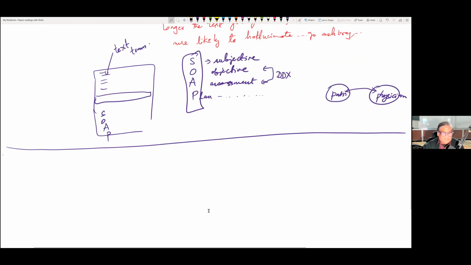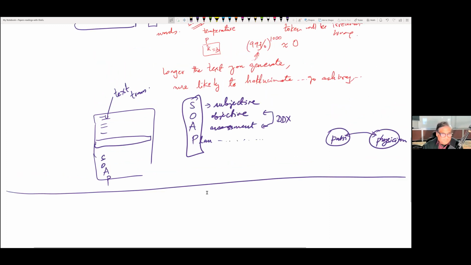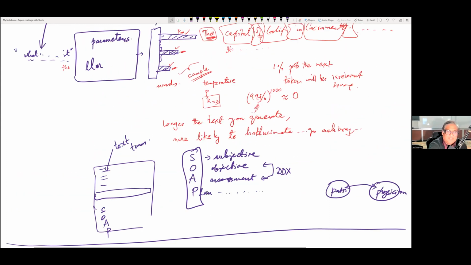So what you do is something quite interesting. Let's take this particular example. If you think about it, what was missing in this picture? And let me put it in a different color. What was missing is providing the history of the patient.